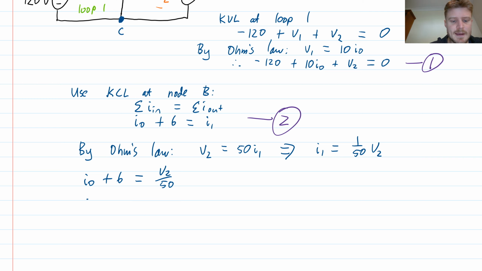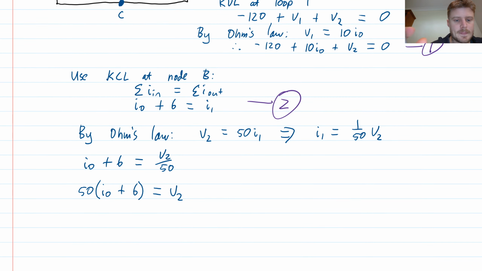Let me just rewind that for one moment. What I'm going to do is solve for V2 so that I can get directly to my unknown current I0. Solving for V2, multiply 50 on both sides, so that's I0 plus 6 is equal to V2. Now I'm going to substitute V2 into my equation number 1.